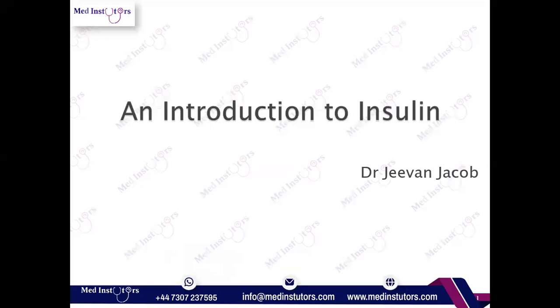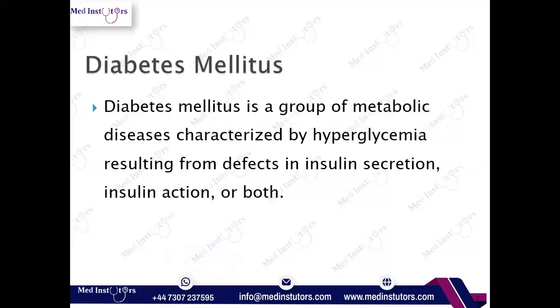As an introduction, we will go through the definition of the disease where insulin is mainly used in the management, that is diabetes mellitus. Diabetes mellitus is a group of metabolic diseases characterized by hyperglycemia resulting from defects in insulin secretion, insulin action, or both. Hyperglycemia means an increase in blood sugar levels above the normal.